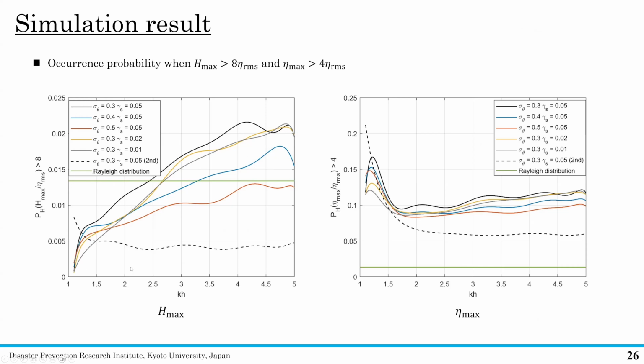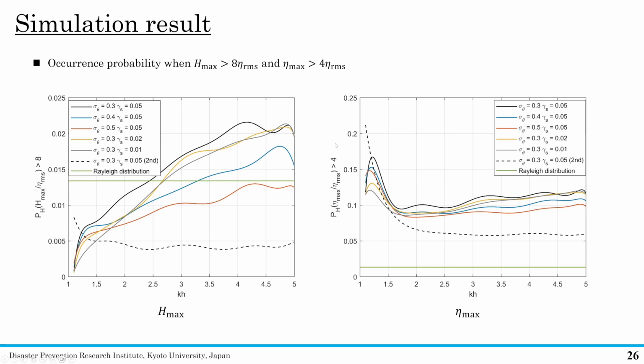But in very shallow water, in this area, the slope angle and the bottom change are very important. That is for the maximum wave height, and the crest result is actually the same, but the crest gives a stronger result because the second order effect is more important in the crest.